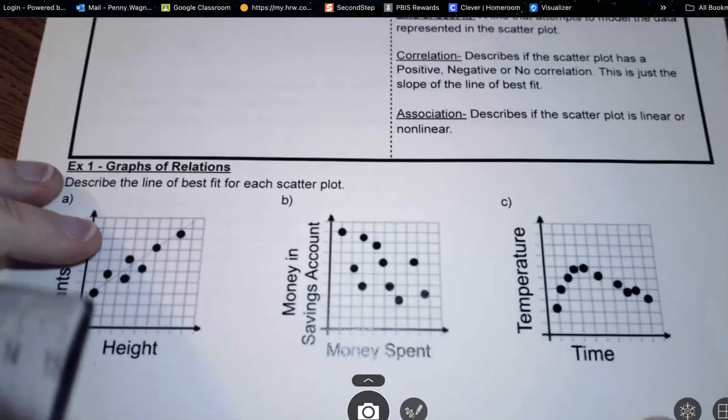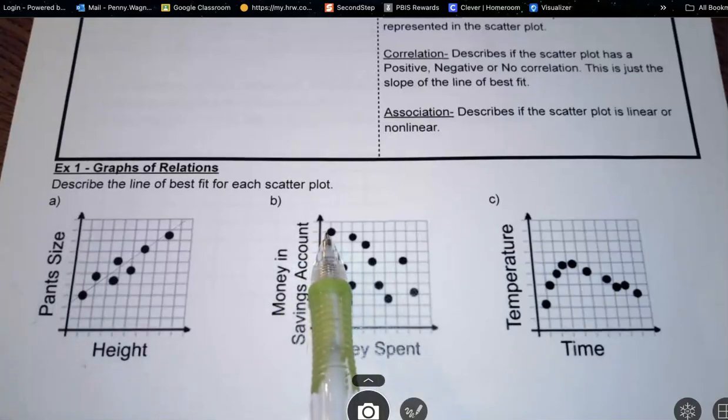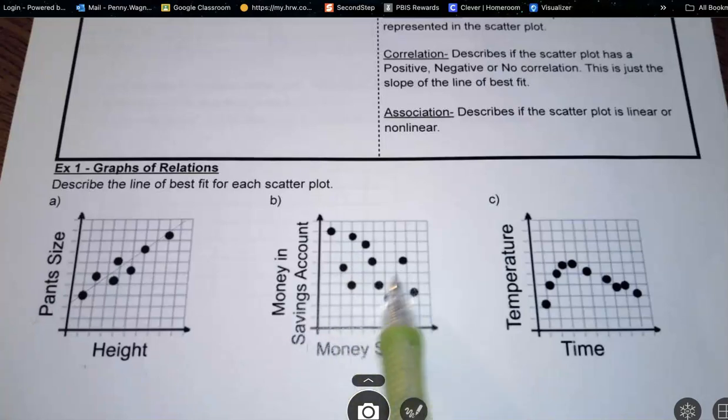When I look at B, this one is money in a savings account for my Y values and the money spent. So if you start out high, and then as you spend, what's happening? It's going down, right? So as you're spending money, it's going down. So when it increases here and decreases here, this is called negative.